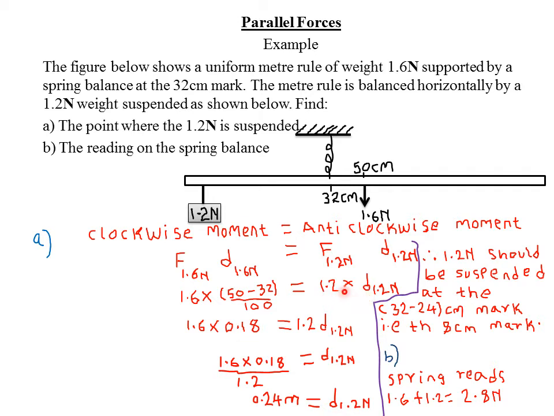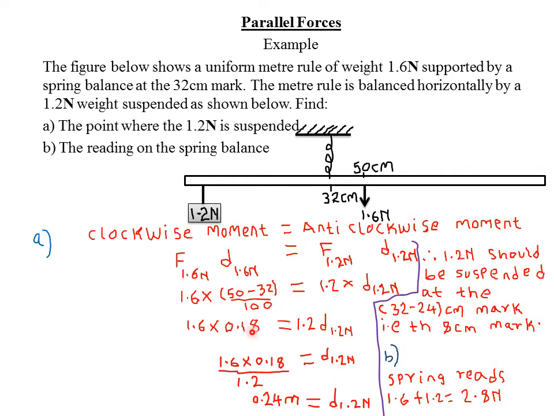So the anti-clockwise moment will be force times the perpendicular distance from the 1.2 Newton force measured from the pivot or the turning point. That is force, which is 1.2 Newton, times the perpendicular distance, which is the unknown that we are looking for. Then after substituting the values, 1.6 times 50 minus 32, you get 18. 18 divided by 100, you get 0.18.